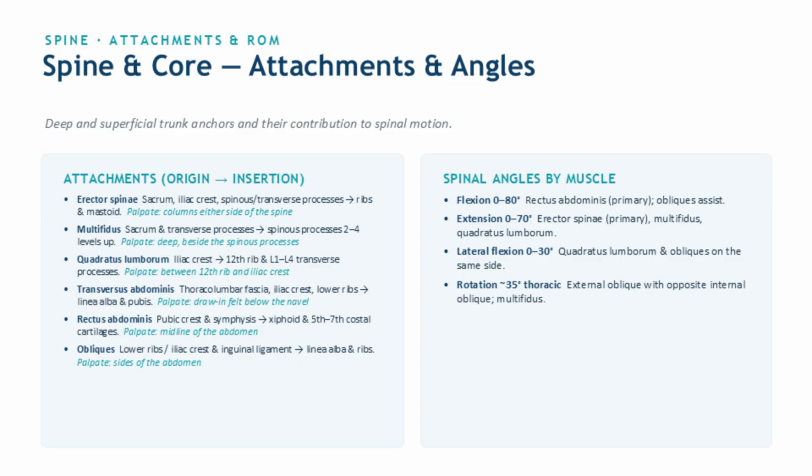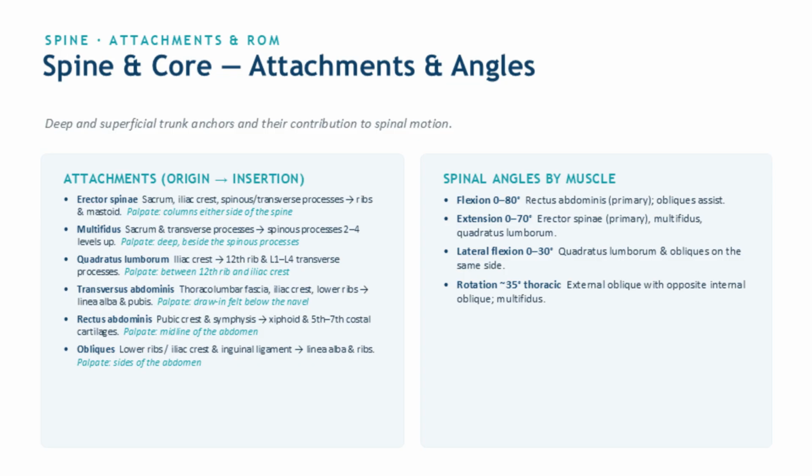Notice that different muscles often work together to create a single movement. Flexion, extension, rotation, and lateral flexion all require coordinated activity among multiple muscle groups. Understanding these relationships provides valuable insight into posture, movement patterns, and injury mechanisms.